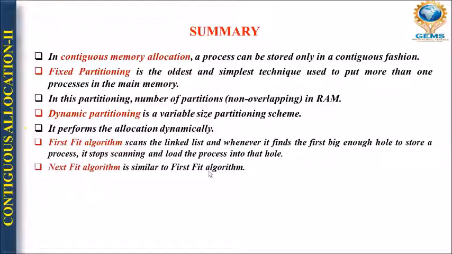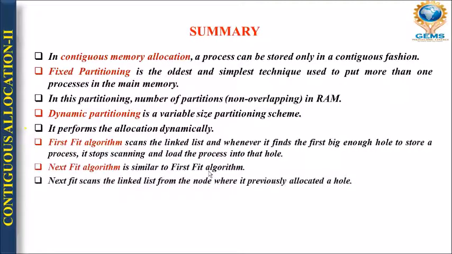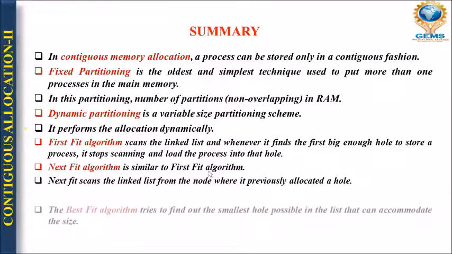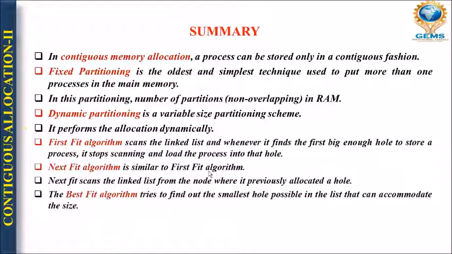Next fit is very similar to the first fit algorithm, and it scans on the basis of the linked list, starting from where the previously allocated hole is. And what is the best fit algorithm?